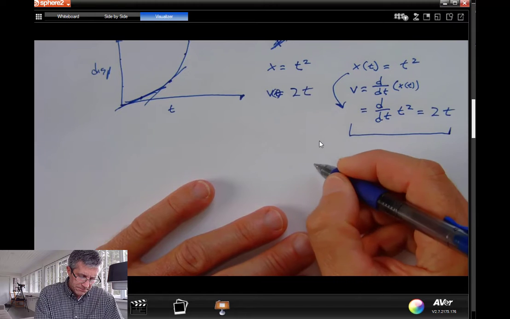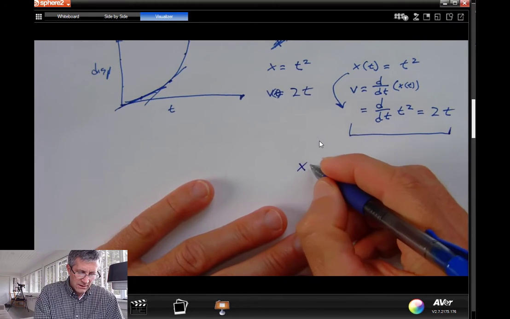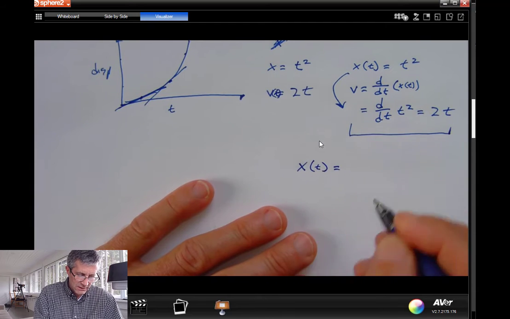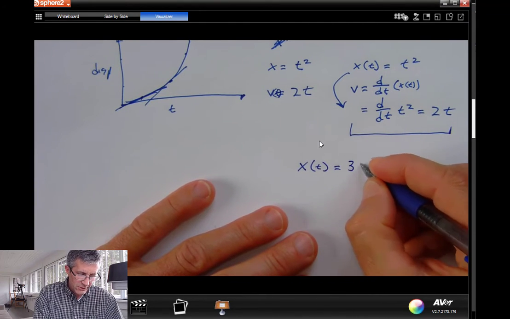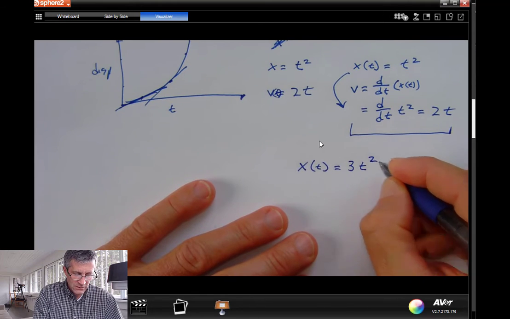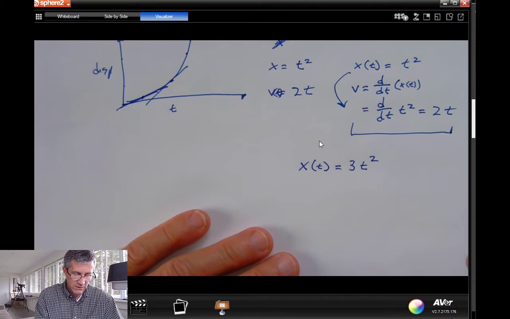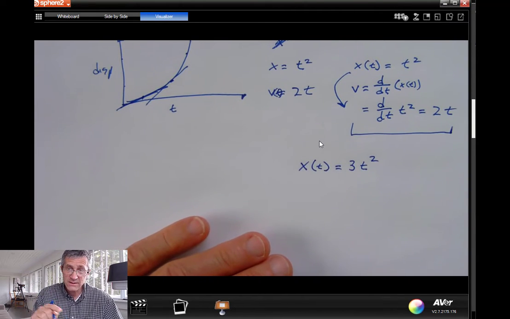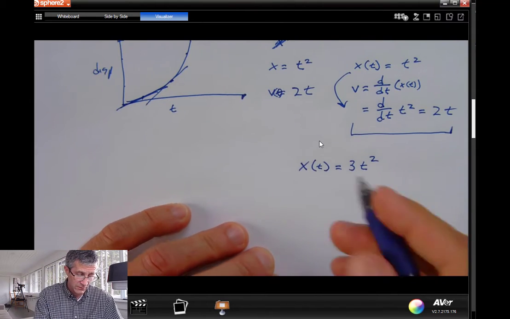So if I had a different function, say my position as a function of time is equal to, I don't know, 3t squared. Well, very similar. If I wanted to find what my velocity is as a function of time, I could plug in time and tell position, or plug in time and find velocity.